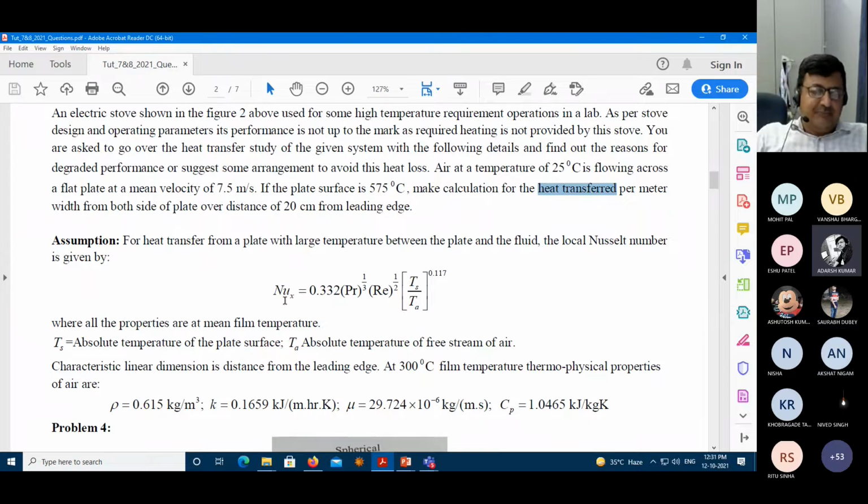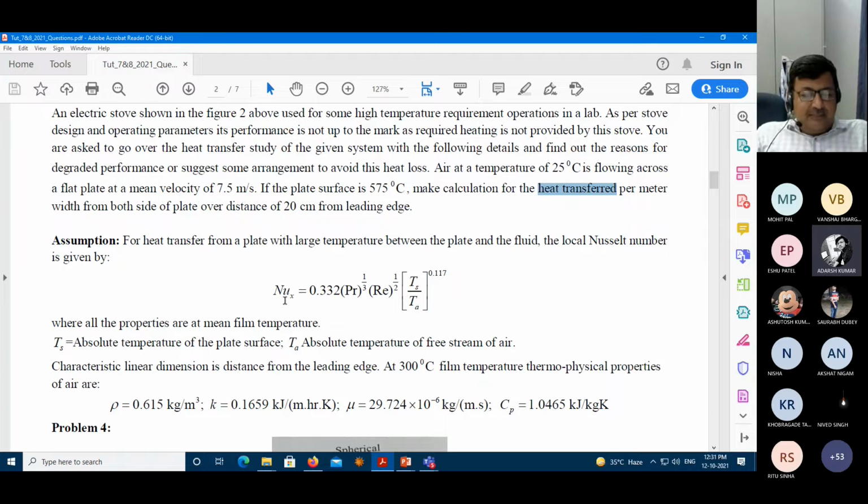And then in the denominator, mu, how much is mu given? Mu is given as 29.7 times 10 to the minus 6. So what is the Reynolds number coming? Anybody got the Reynolds number? Neetu, what is the Reynolds number?